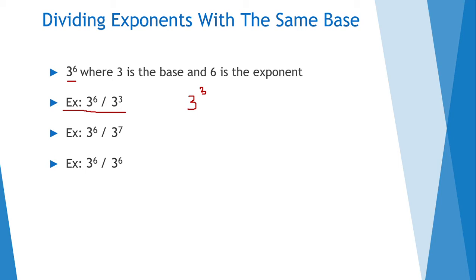So if we expand this out into 6 threes at the top and 7 threes at the bottom, I'm not going to draw them all out for the sake of time, but I'll just draw a couple. Remember, you're multiplying in between.